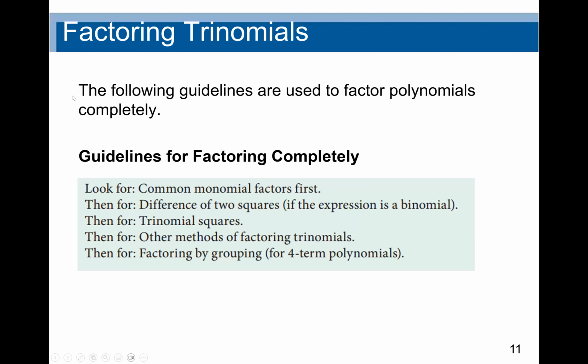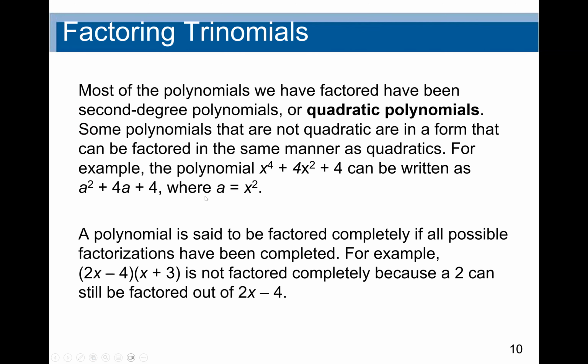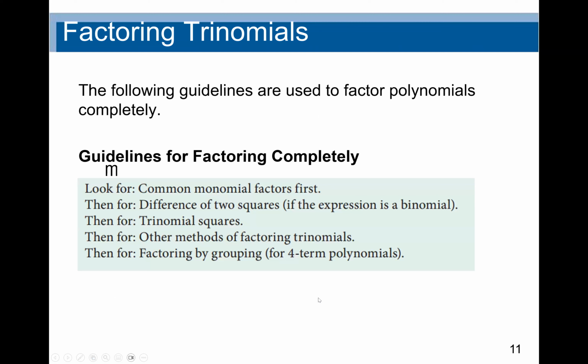And that's the concept again: if the degree of the variable is 4 or 5, then sometimes we may factor more than once. So this is the guideline for factoring completely.